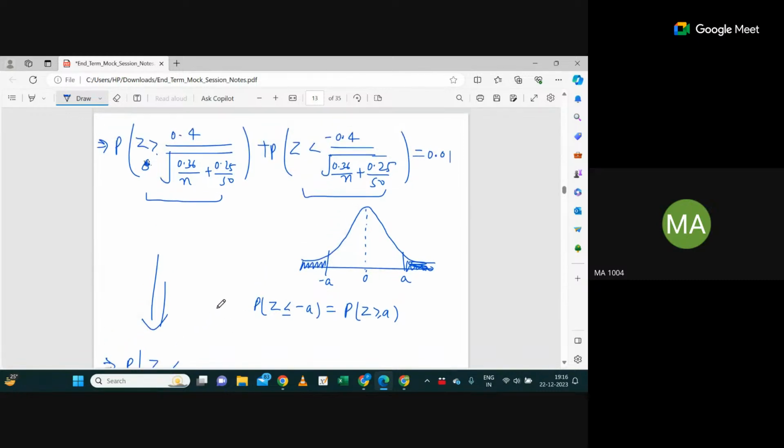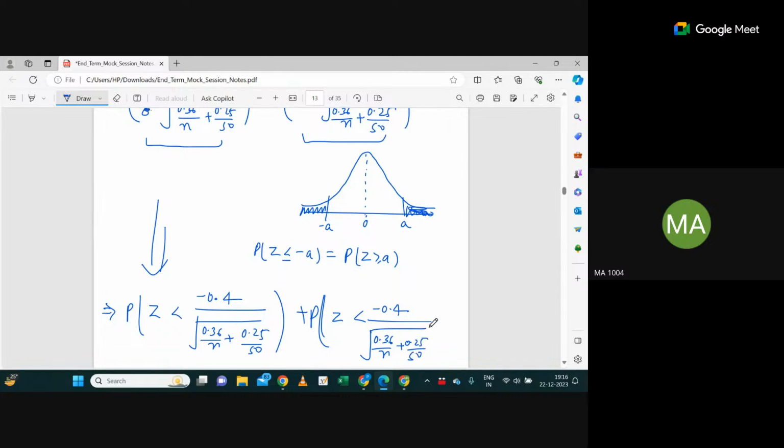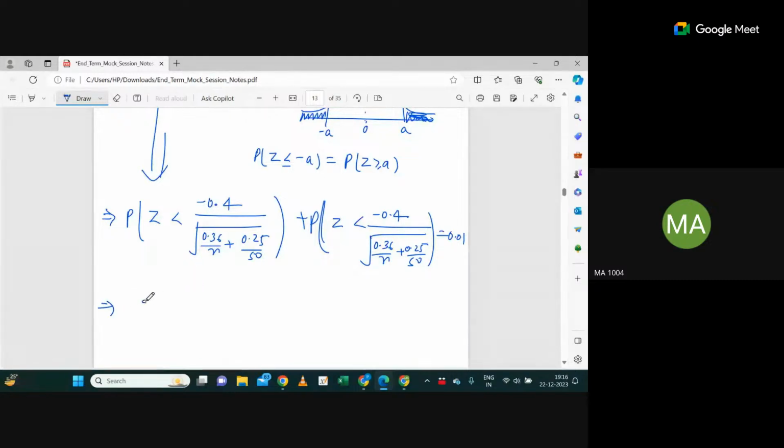So I will write probability of Z less than minus 0.4 divided by square root of 0.36 divided by n plus 0.25 divided by 50, plus probability of G less than minus 0.4 divided by the same quantity, which is nothing but 0.01. So far, so good. So this will be 2 times probability G less or equal to minus 0.4 divided by square root of this whole 0.36 quantity.